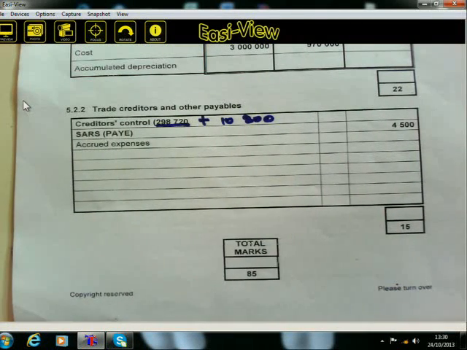Then SARS, pay as you earn, it's given, it's 4,500.